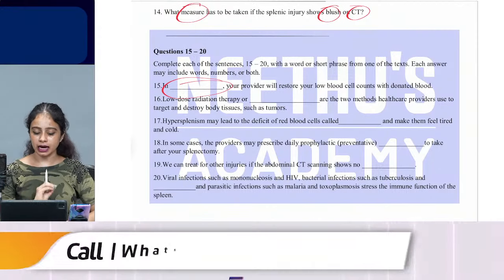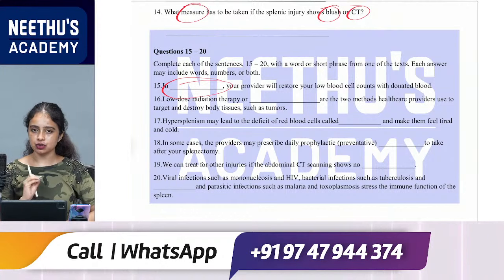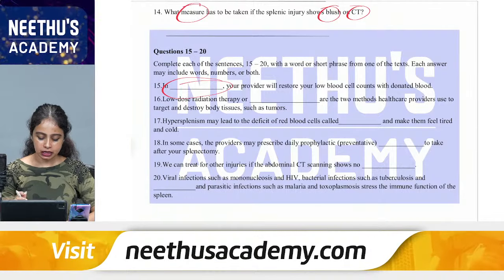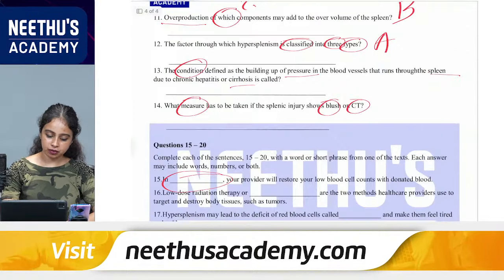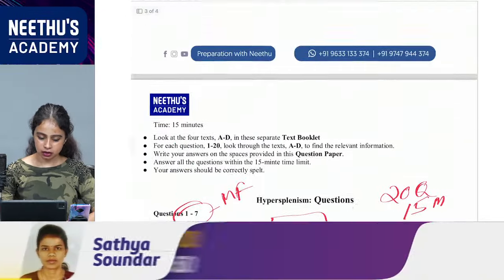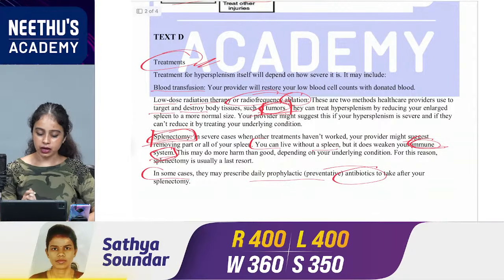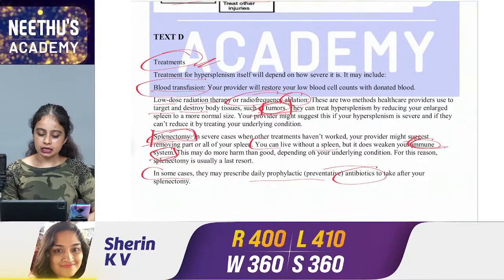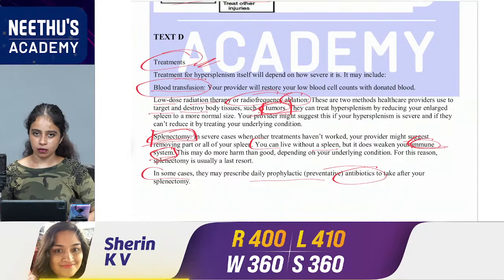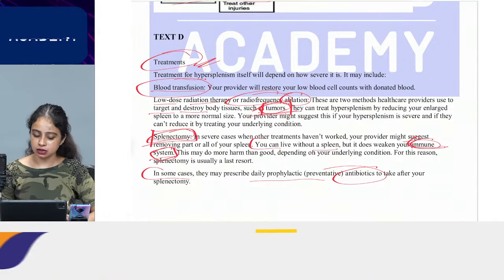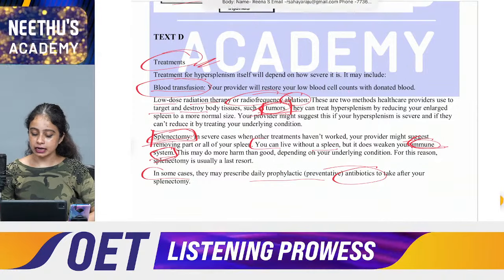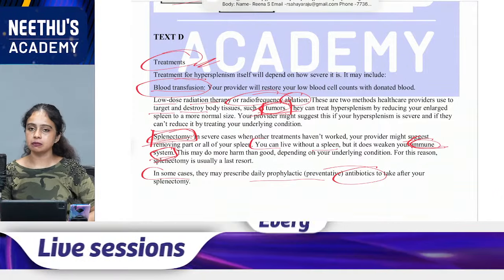It is from text D, and that answer should be blood transfusion. So here, this is a particular treatment. Blood transfusion is a particular treatment. Here, your provider will restore your low blood cell counts with donated blood.